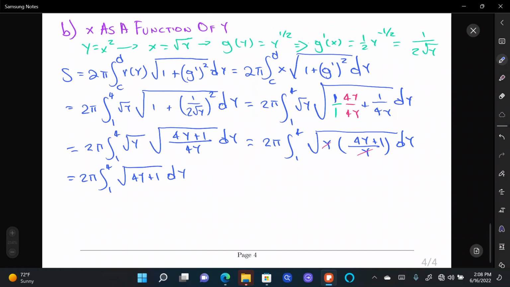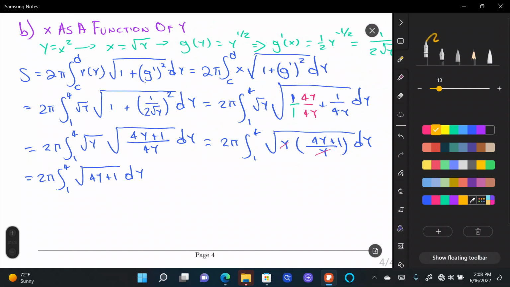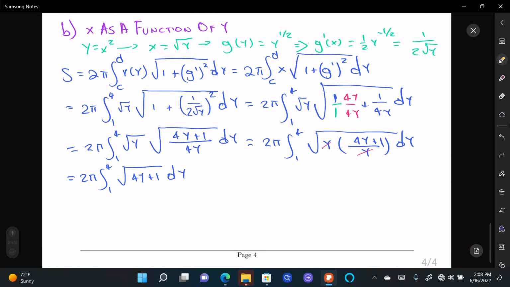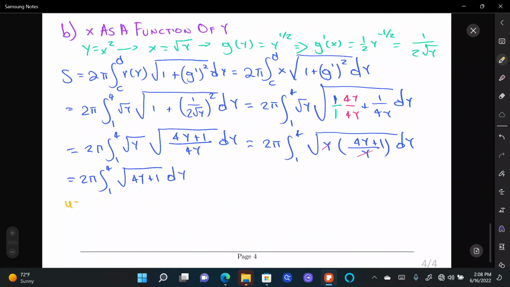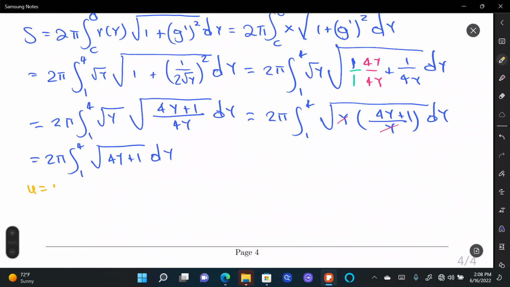So let's see. I guess a simple U substitution is going to do it here. Let's set up the u and the du part. U equals 4y plus 1. Du equals 4 dy, and dy equals 1/4 du.